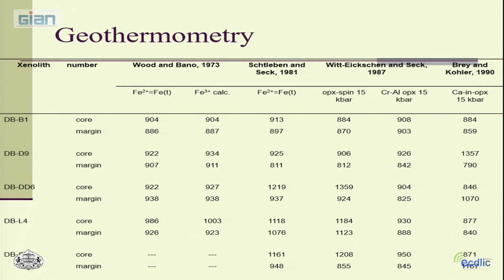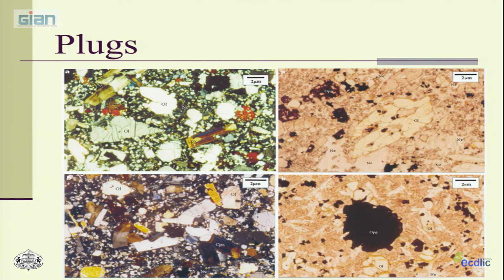They are not of deeper origin, but perhaps belong to the spinel stability field. Of course, there was no index mineral to find out the pressure, but superimposing the temperature on the previously established geotherms, it generally shows that they are coming from a depth range of 40 to 45 kilometers. So they are coming from a very shallow depth.